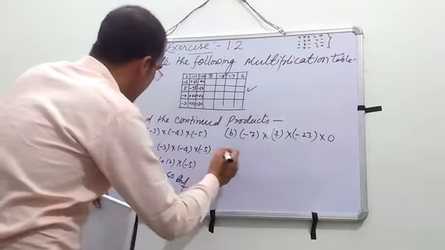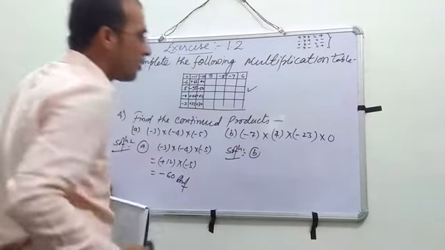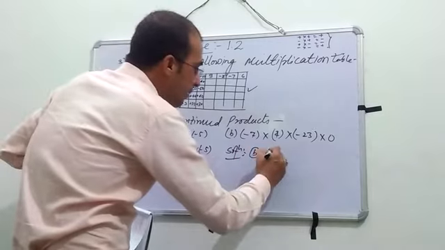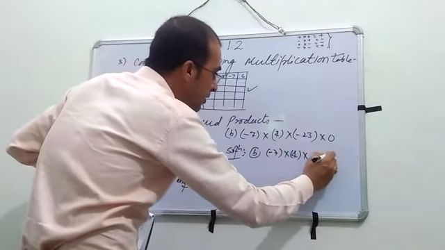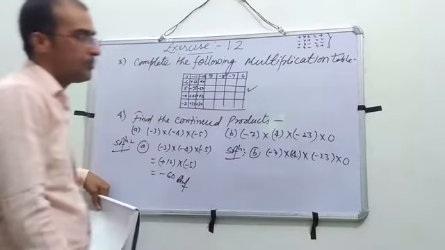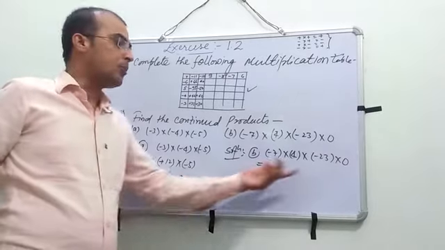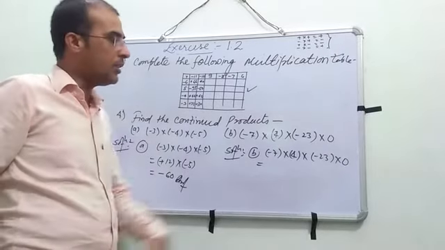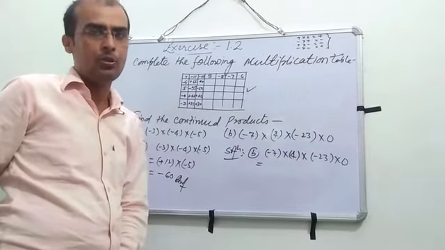Second part of this, you can see this is B. What is given? Minus 7 into 4 into minus 23 into 0. This is a zero property, because any number you multiply with 0, the result will be 0.